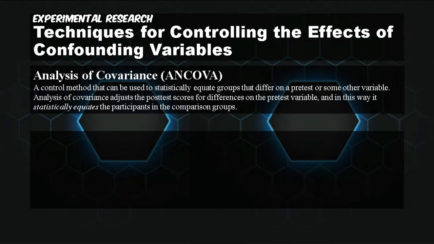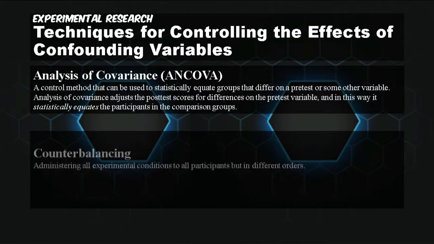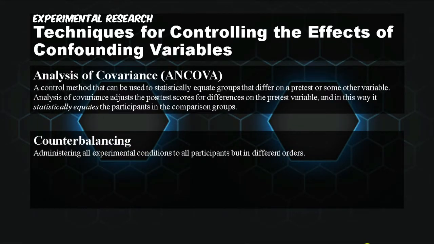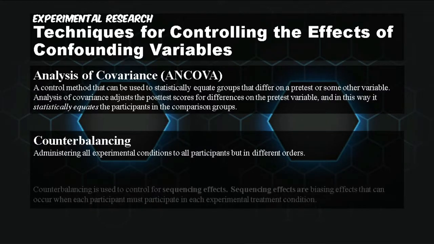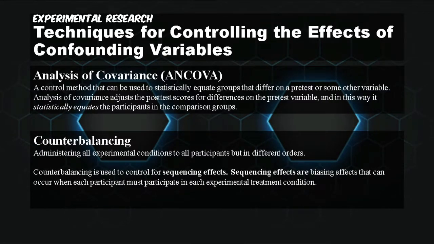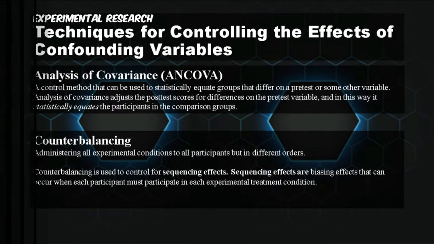And if that happens, this technique can be done. It statistically equates the two groups so that the effects of being a non-equivalent group is minimized. Counterbalancing is a specific technique used for repeated designs. We're going to talk more about this later on.